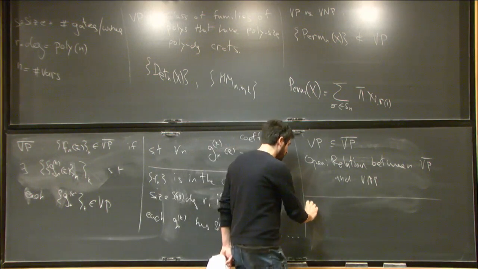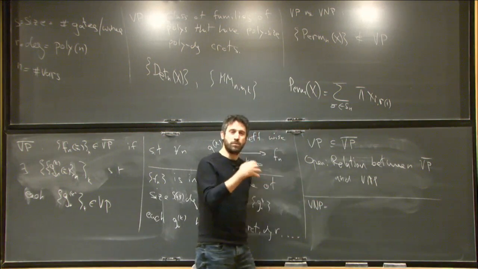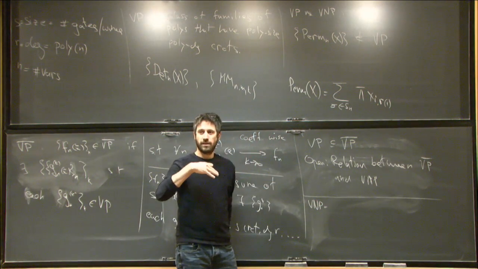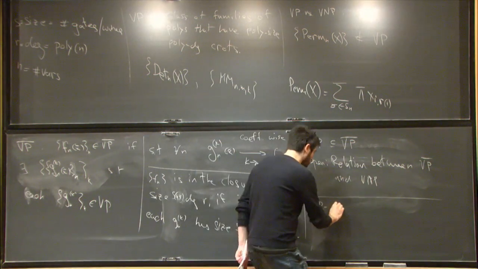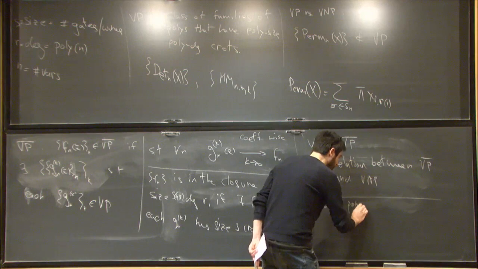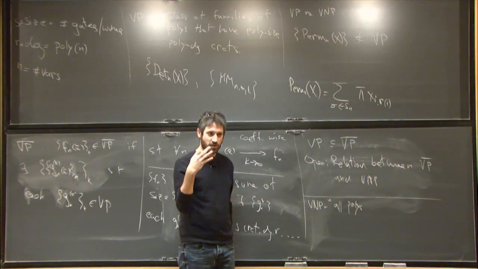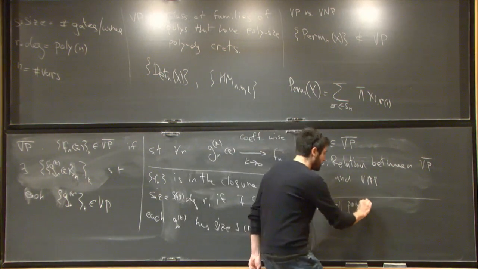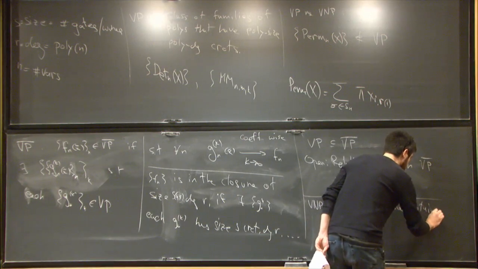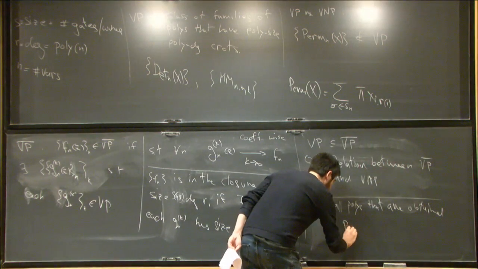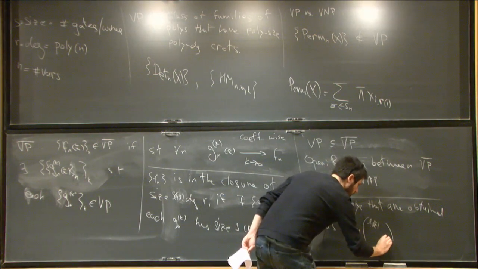So you can think about VNP as all the polynomials that you can get from the permanent by substituting linear functions for the variables. It's not a very formal definition, but I think it gives a good enough intuition for the class. It's all polynomials that are obtained as a permanent of some linear functions L11 up to Lmm.